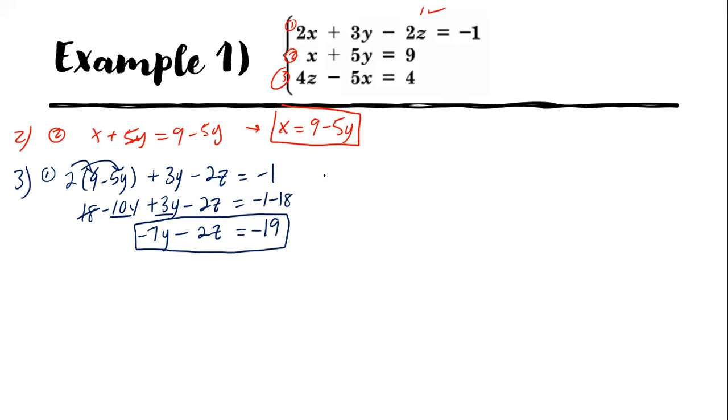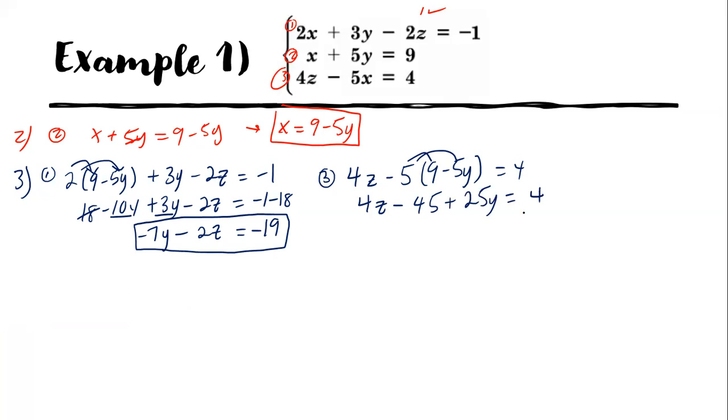And then we're going to substitute into equation 3, because that's the other one we haven't used. So we have 4z minus 5, and for x, we're putting in 9 minus 5y. Distributing, that gives me 4z minus 45 plus 25y equals 4.